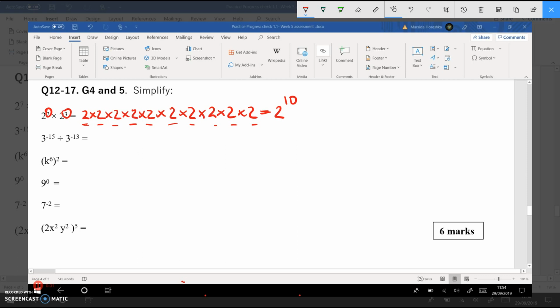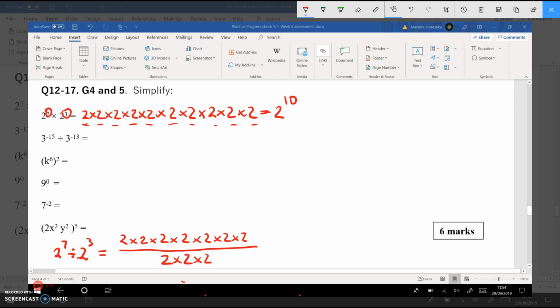If the question was 2 to the power of 7 divided by 2 to the power of 3, what would happen then? We would write this as 2 times 2 times 2 times 2 times 2 times 2 times 2, all divided by 2 times 2 times 2.